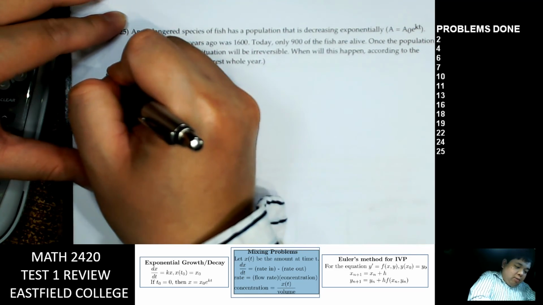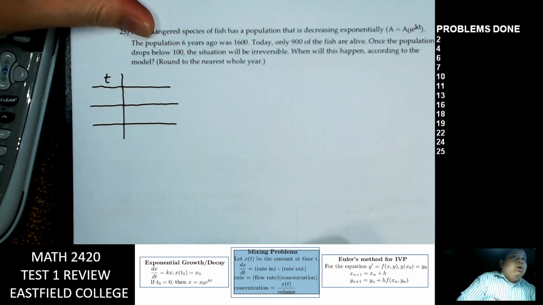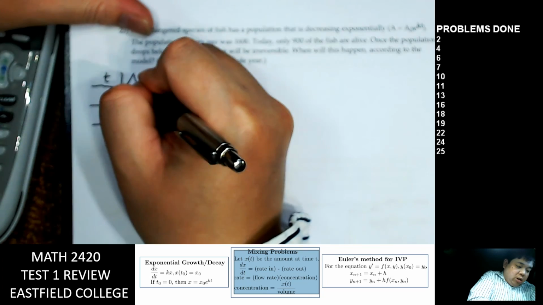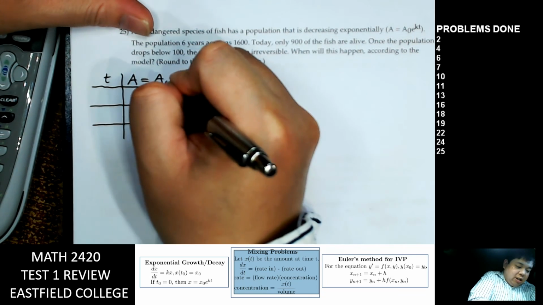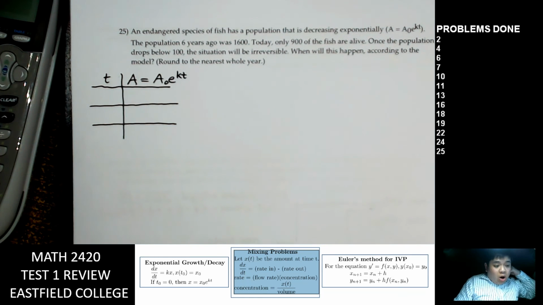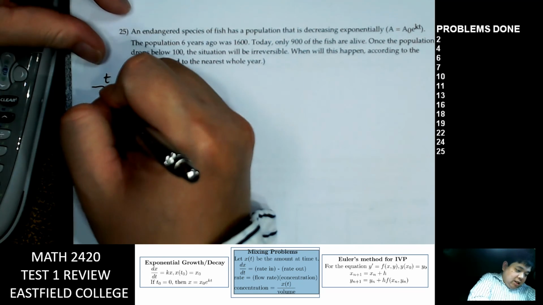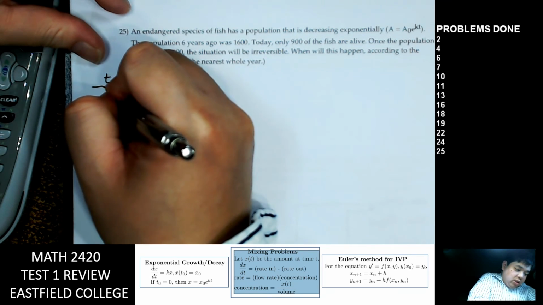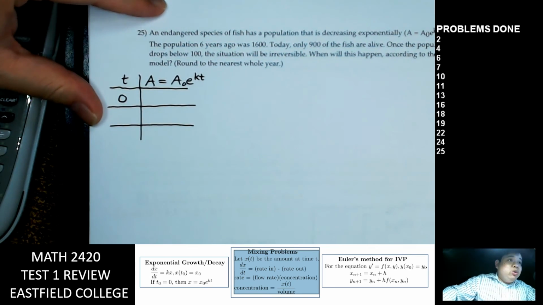We're going to have time, and we're going to have the population will be the amount given by that. Right. 6 years ago it was 1600. So let's say 6 years ago, let's consider that t equal to 0, which is 6 years ago. We just need to denote that.